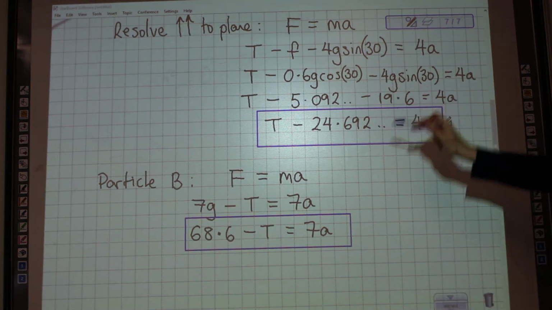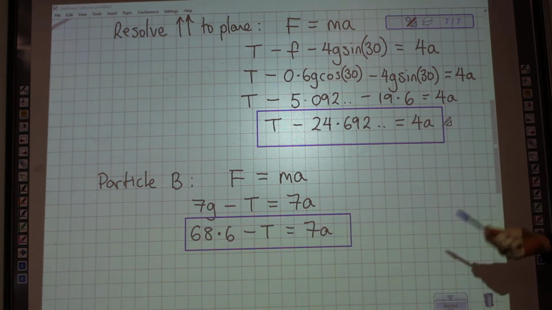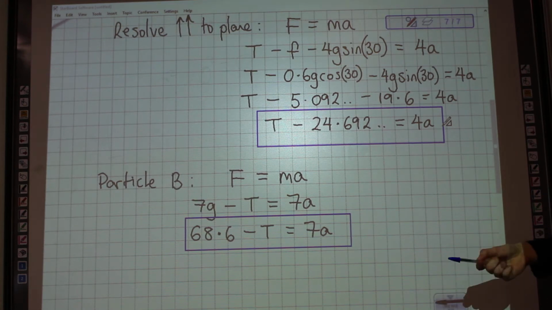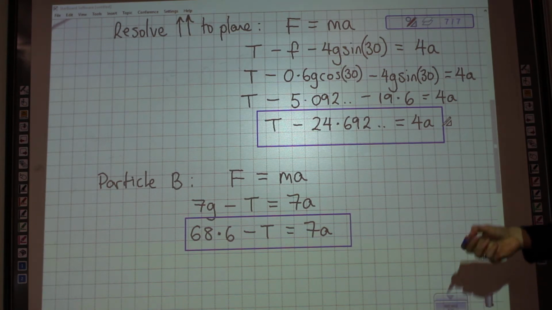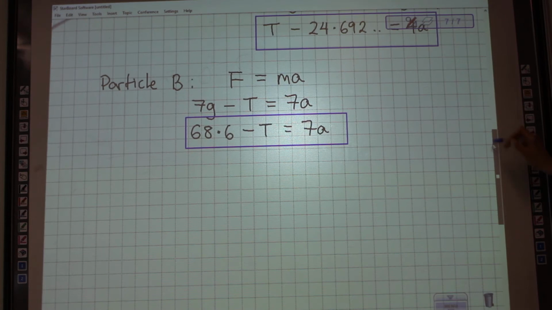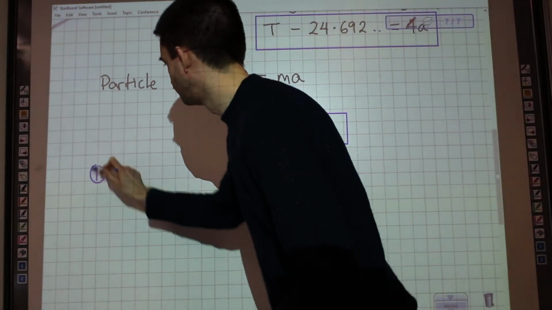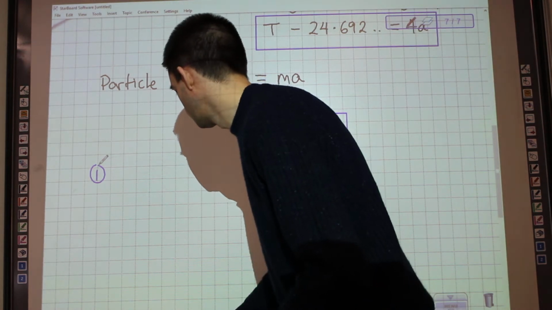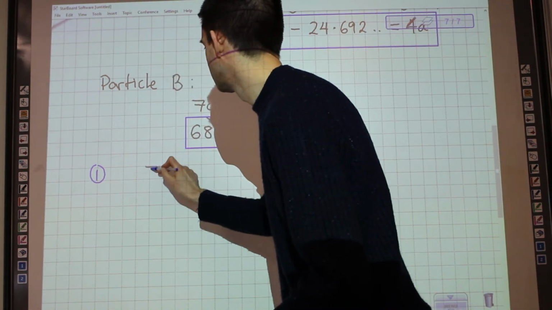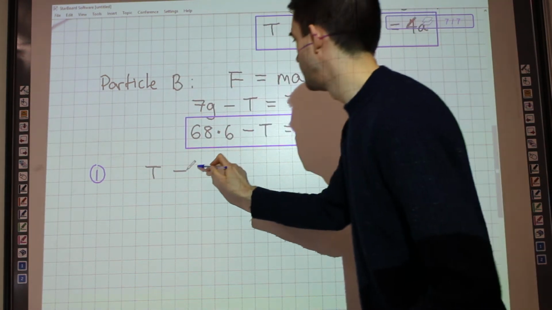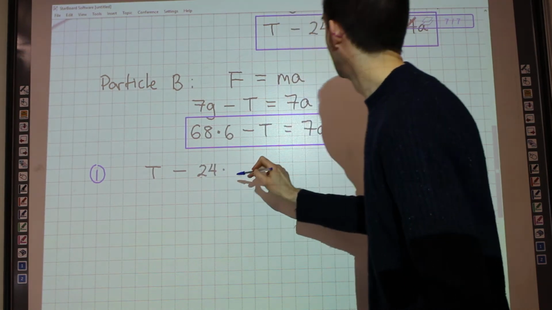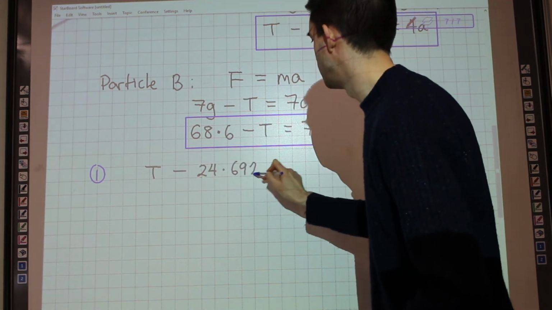I now have two equations for the system which I'm going to solve simultaneously, and that will give me T and a. So here we go. Right. So equation number 1 then: T minus 24.692.